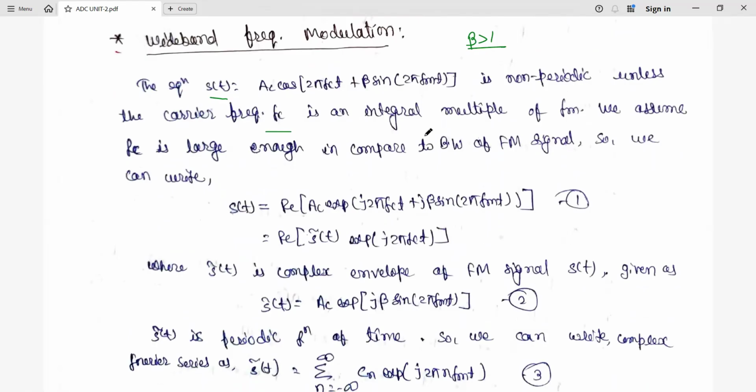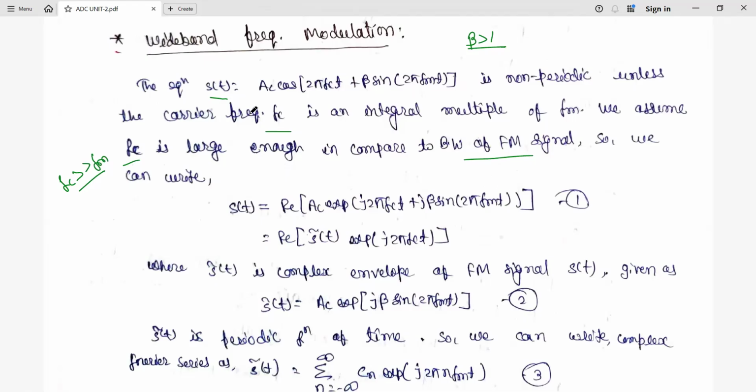If it is an integral multiple of fm, then it is going to be a periodic signal. And fc, you already know, is taken much larger compared to fm, at least 10 or 20 times higher. Here fc is also larger compared to the bandwidth of the FM signal.